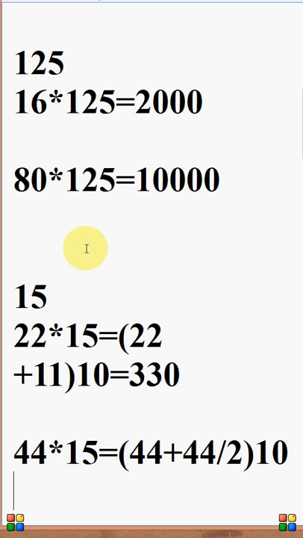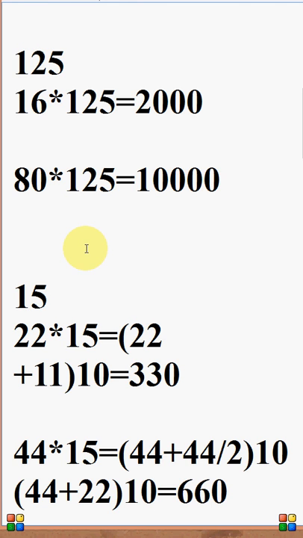What we will get? 44 plus 22, this whole will be in brackets and multiplied by 10. So what you will get? 660. Simple.